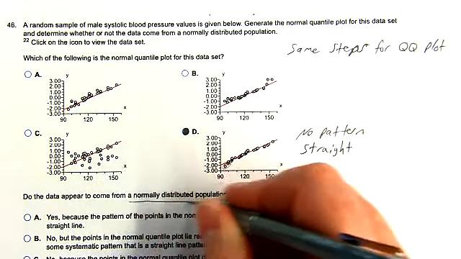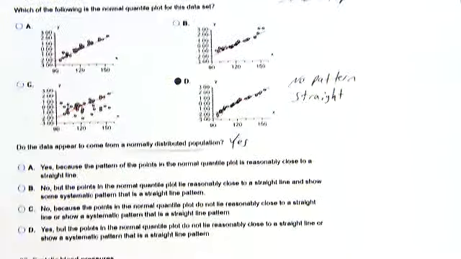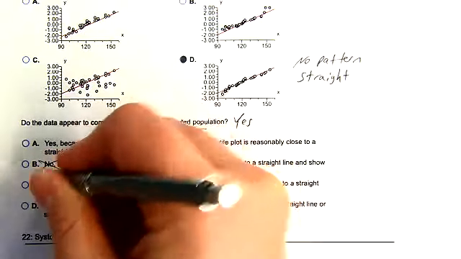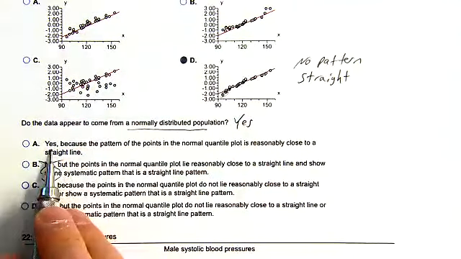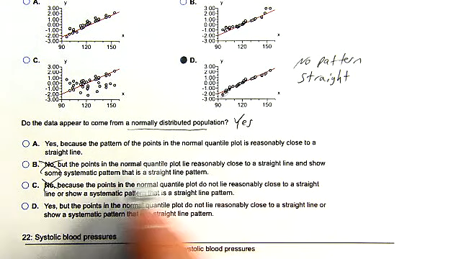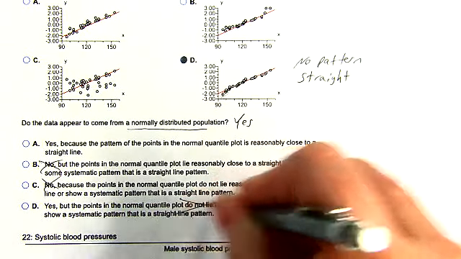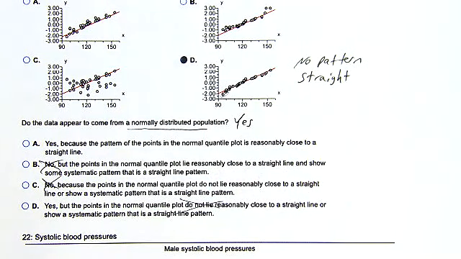Does it come from a normal distribution? Yes. So these two no's are gone. Yes, because the pattern of the points in the normal quantile plot is reasonably close to a straight line. That sounds good, but let's see if there's a better answer. Yes, but the points in the normal quantile plot do not lie reasonably close to a straight line. They do lie reasonably close to a straight line. So it must be A.